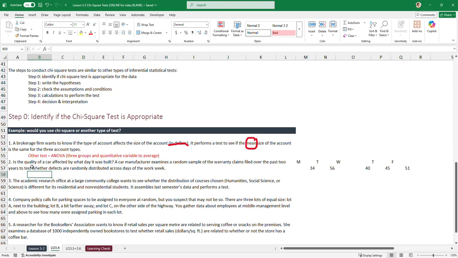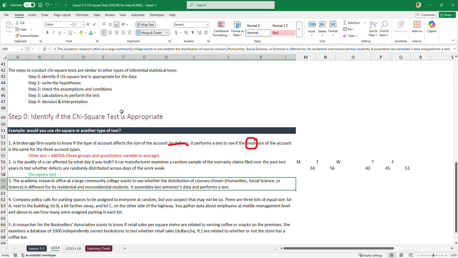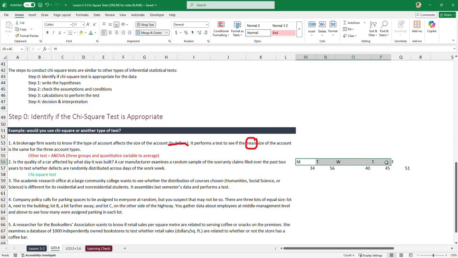So this one does only deal with counted data, and this would be where you would apply a chi-square test. There's no average here. We're not talking about the price of repairs. We're just talking about whether it has a defect and what day of the week it was built on, both of which are categories that we can only count how many times they happen.